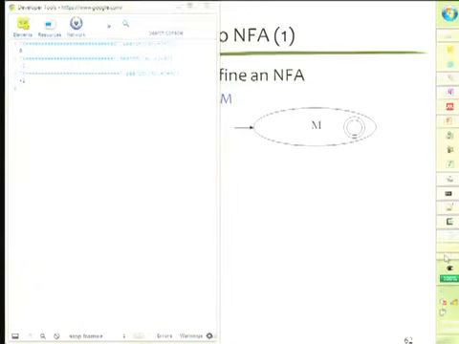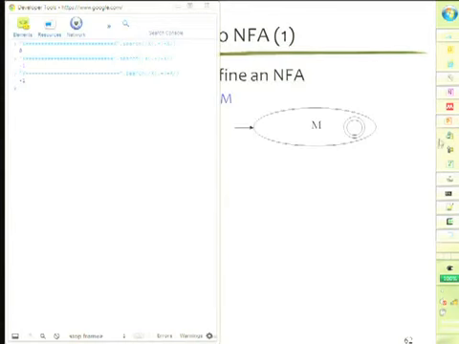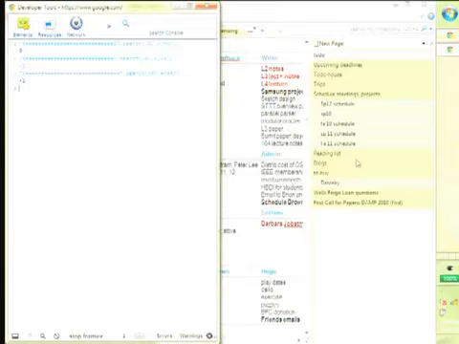Okay. There's always Control C. It's doing something.